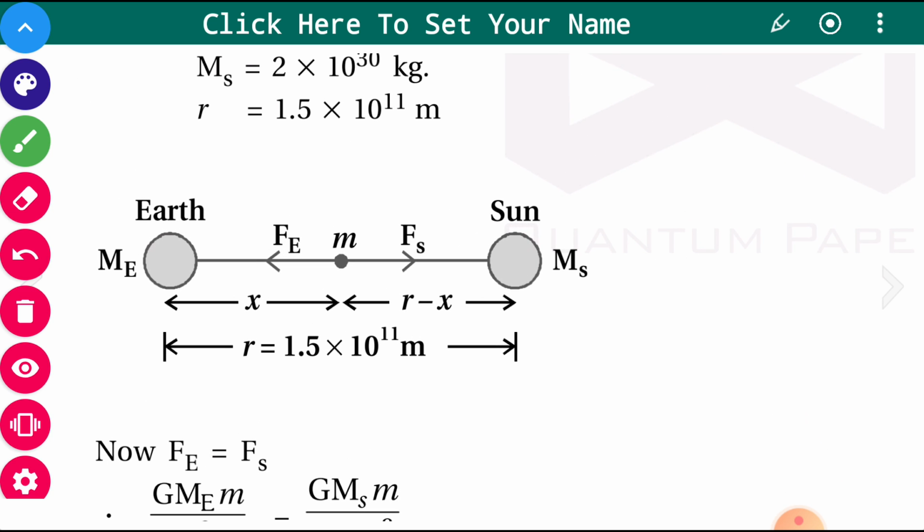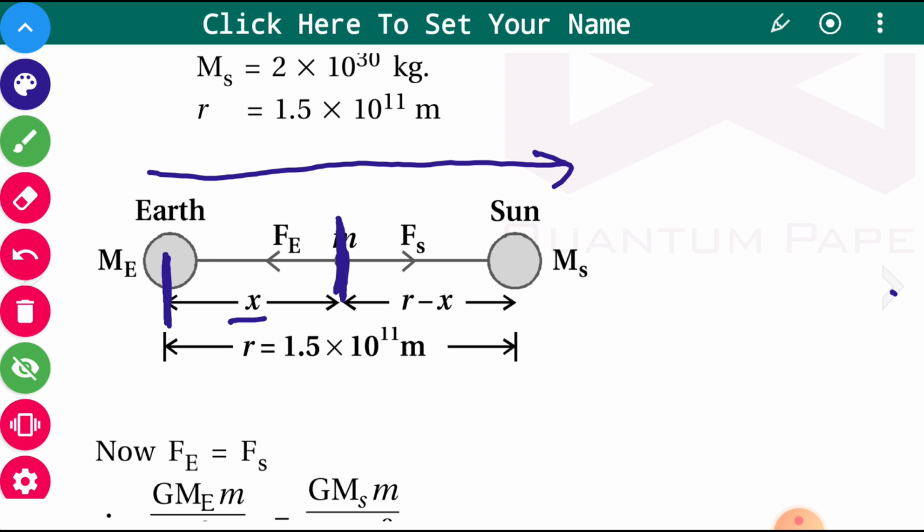Now see, a rocket is sent from the earth, and this is the point where the gravitational force is equal in magnitude, opposite in direction, and it becomes 0. So this distance we have considered as distance x from the center of the earth. Total distance between the earth and the sun is r, which is nothing but 1.5 into 10 raised to 11 meters.